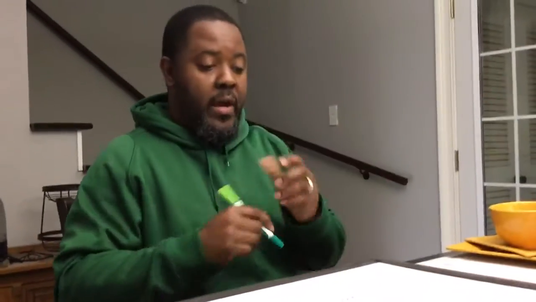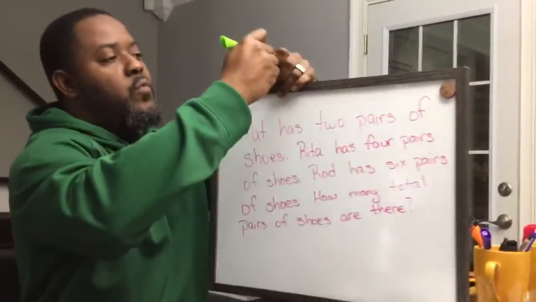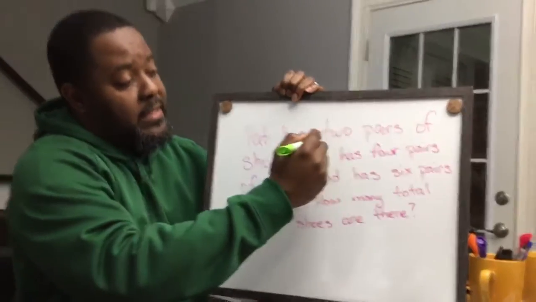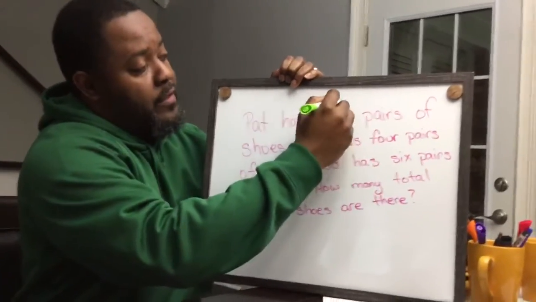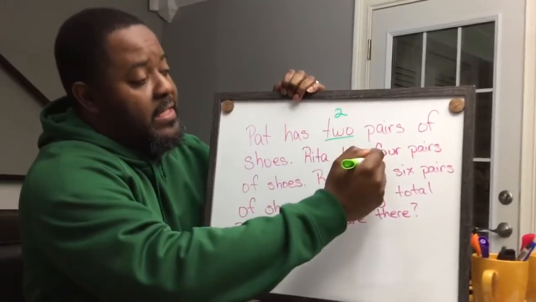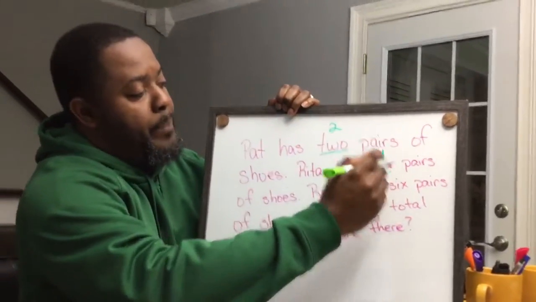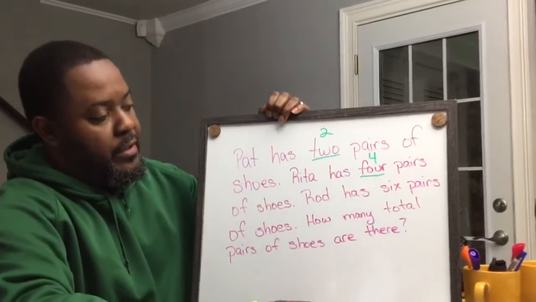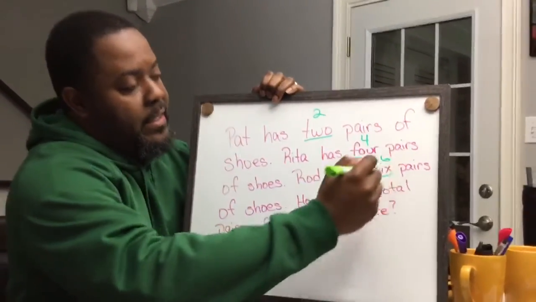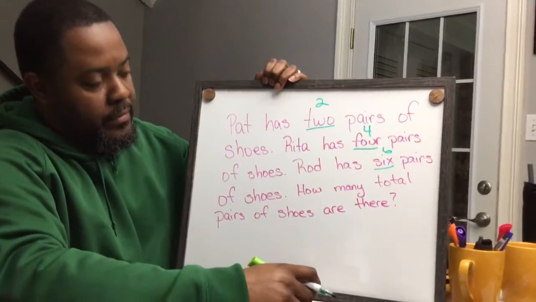So what do we know? Let's go ahead and pick this up. We know Pat has 2 pairs of shoes, Rita has 4 pairs of shoes, and Rod has 6 pairs of shoes.